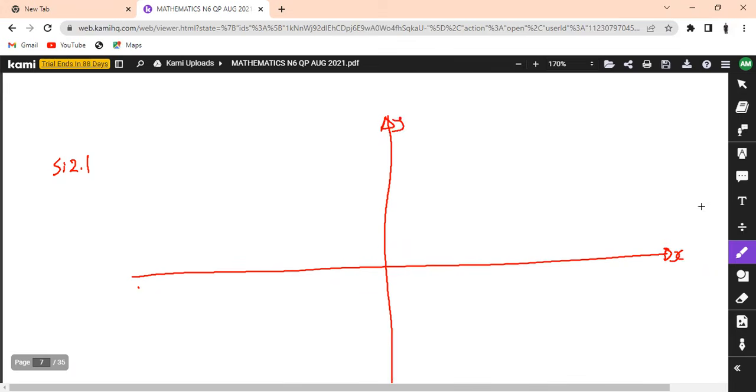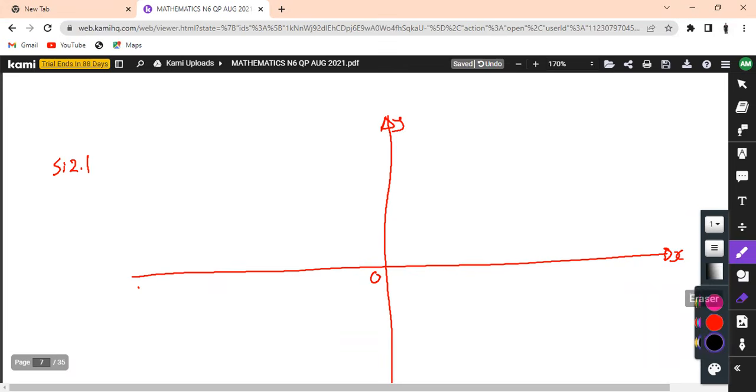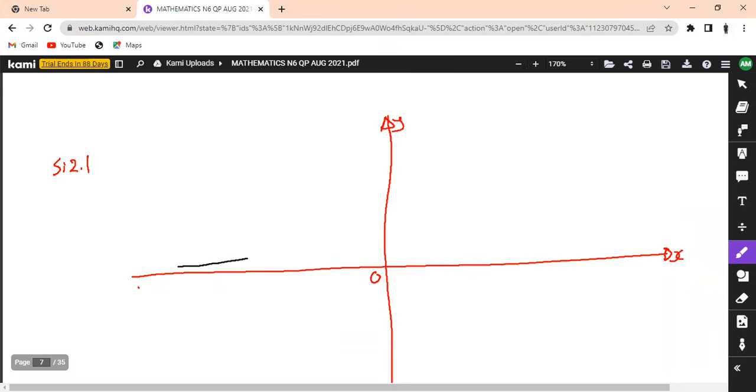If it is positive, we are going to obtain our graph in this manner. We know that e to the exponent of 0 is 1, so it is going to pass through the y-axis at 1. So it will be of this nature.